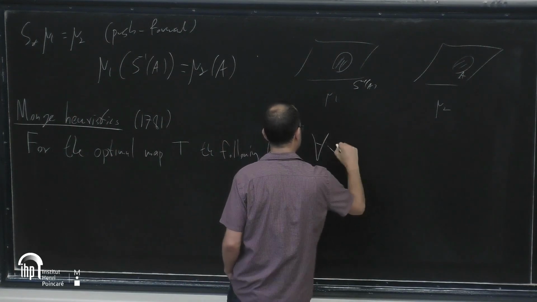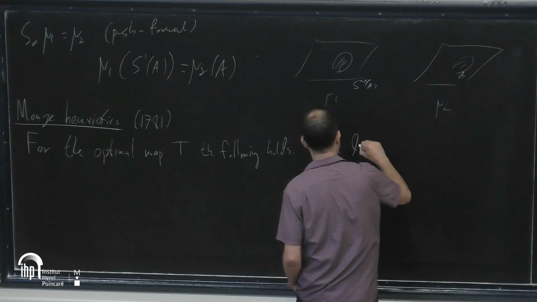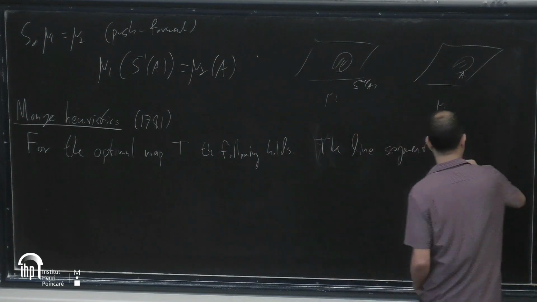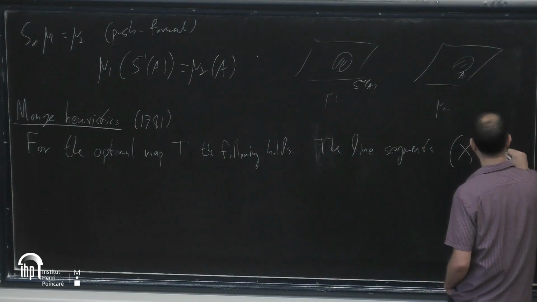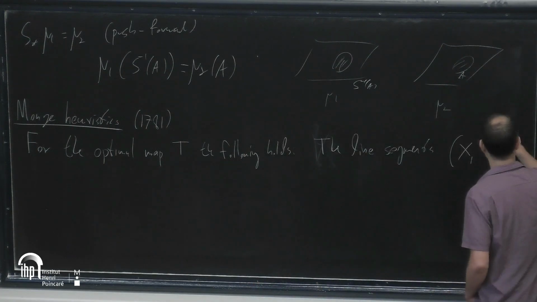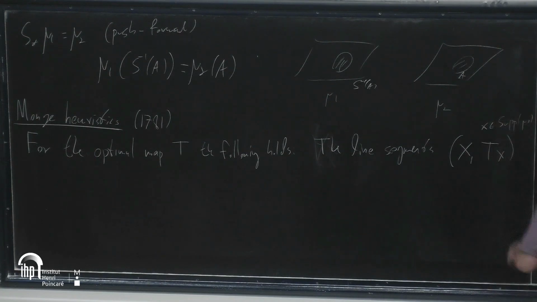For any point x, we look at all of these line segments from x to T of x, where x ranges over the support of mu1, wherever it is defined.